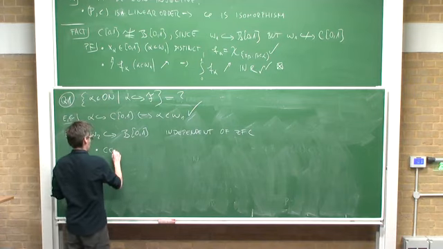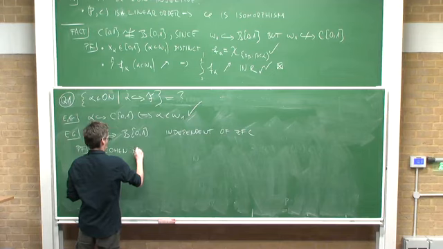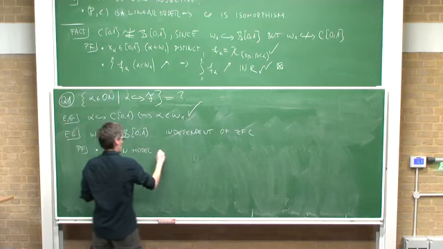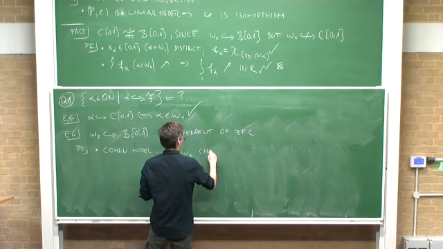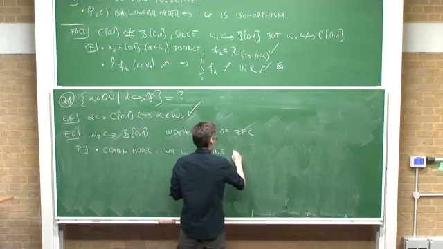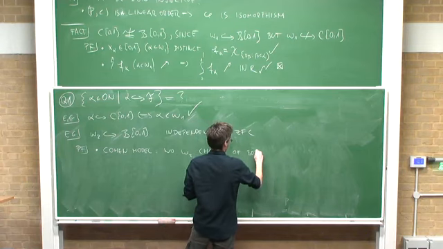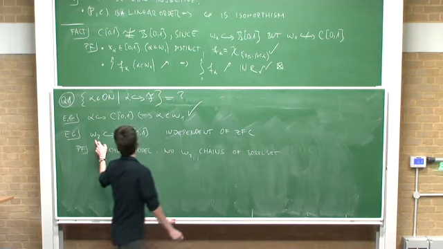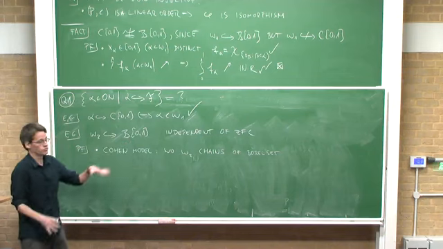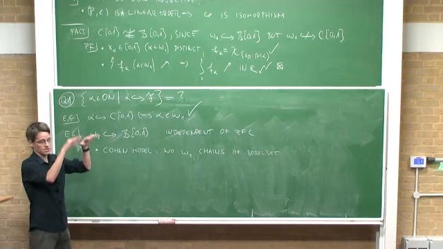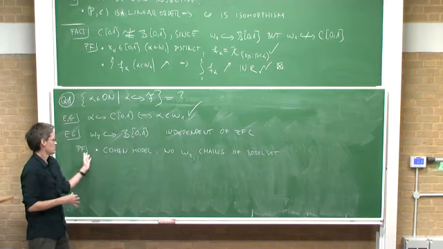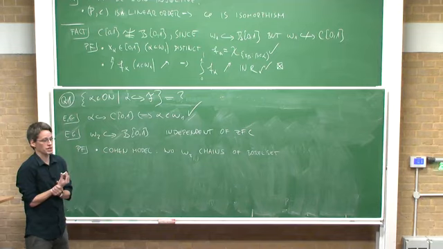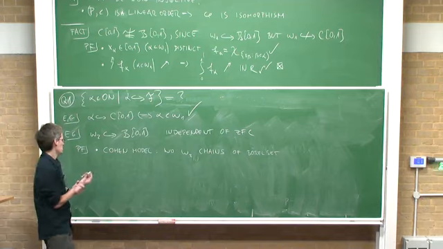So this is the first thing: Cohen model, no Aleph2 chains of Borel sets in Polish spaces. And let's assume that we have an Aleph2 chain of Borel functions. Let's look at their subgraphs. Then in X cross R, you have an Aleph2-type chain of Borel sets, which is not possible.